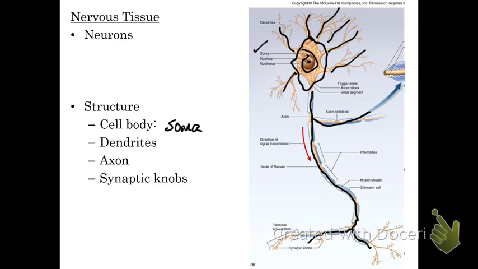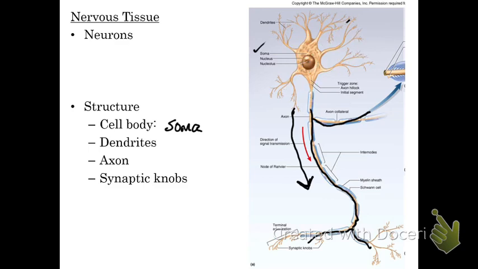And the red arrow here is telling us that electrical information travels away from the soma down the axon. Information comes in through the dendrites. So electrical information is going to enter into the cell body through the dendrites and is going to leave away through the axon. Away, axon away.